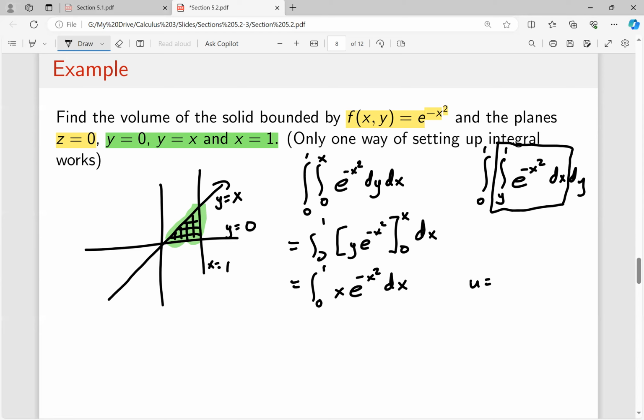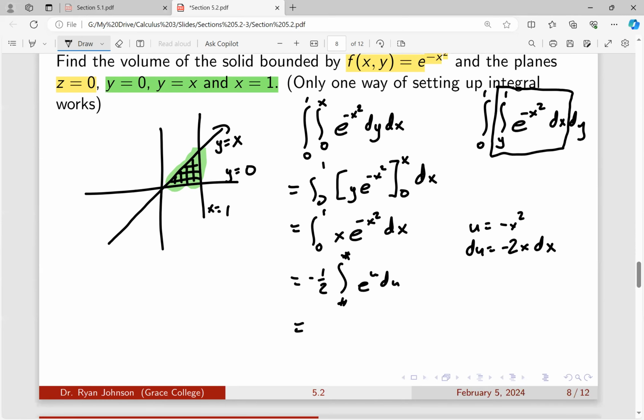So if u equals negative x squared, then du equals negative 2x dx. And so then this is equal to negative 1/2 integral from stuff to stuff of e to the u du.